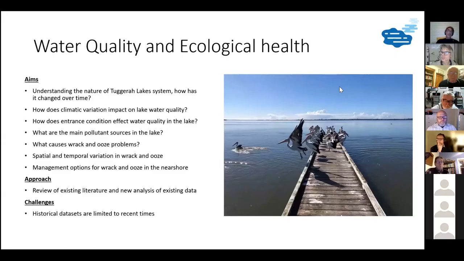Of course, the challenges we faced were that the historical data sets are limited to the past decade or two. So we struggled looking back in time to how the lakes were before European settlement, but also during the times when there were a lot fewer people and a lot less development in the catchment.